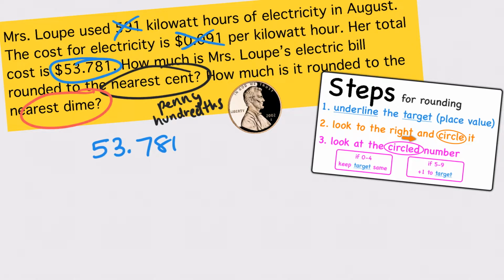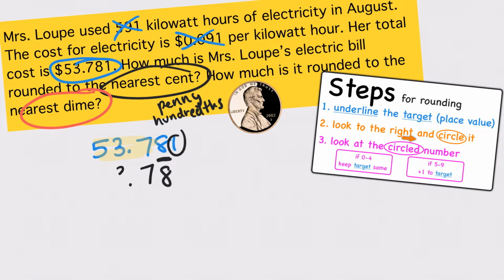So step 1, underline the target place value. And we said that was the hundredths, so this is our hundredths place. Step 2 says look to the right and circle it. Step 3, look at the circled number. If it's between 0 and 4, and it is, we're going to keep the target the same. So the target's actually going to come straight down. And if you recall, everything to the left of the target is also going to come straight down.